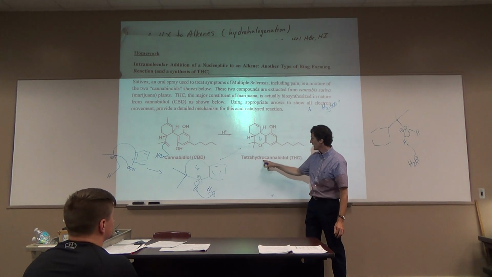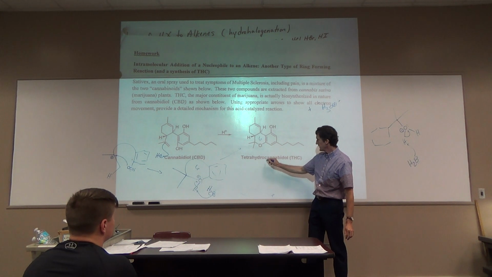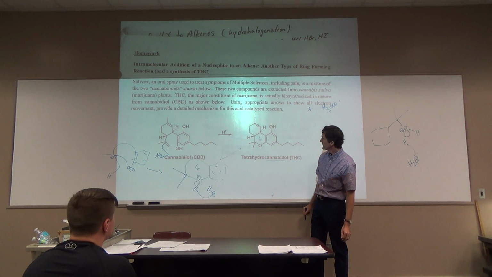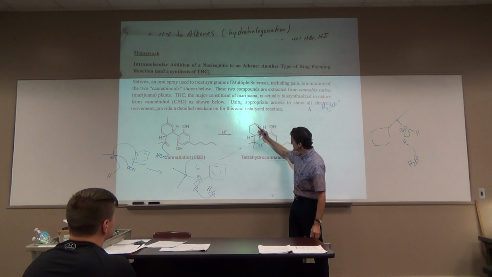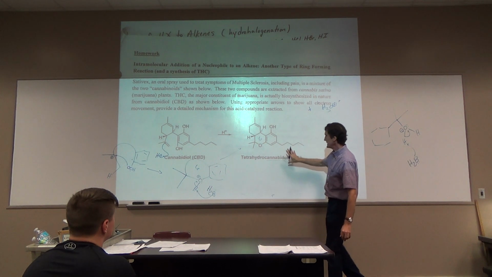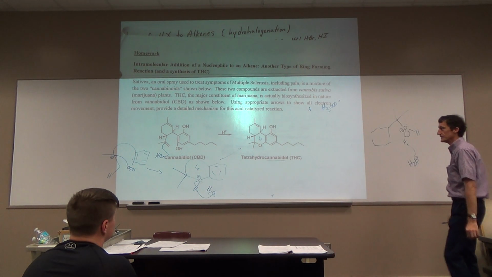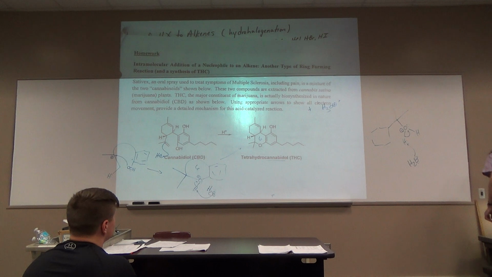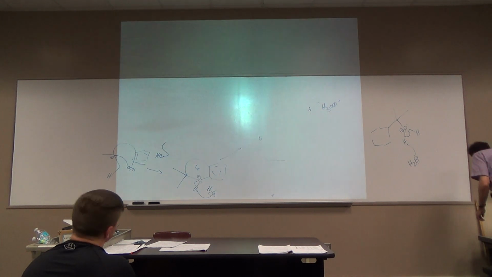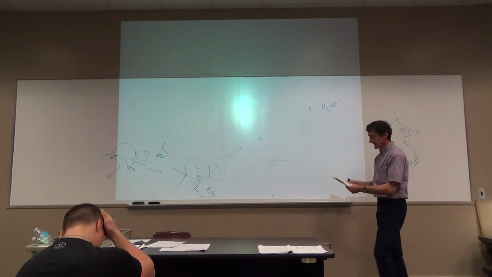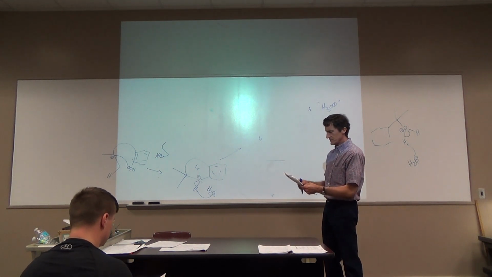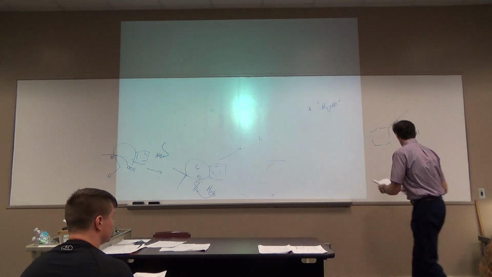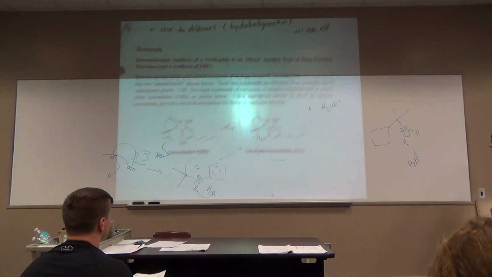Tetrahydro sounds like 4 hydrogens compared to this. Probably, if you look this up, it's going to have pi bonds in there where H has been removed. I don't know, but THC is sort of the more important one. Cannabidiol, is that a diol? Actually, no, it's not. That's odd.